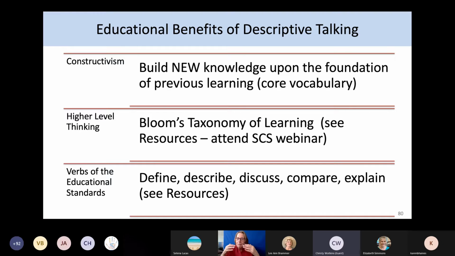I could relate immediately to the steps of developing film because I had a foundation of previous learning. That's the theory of constructivism, and I think it applies to kids using an AAC system if that foundation of learning is their core vocabulary. The next thing is Bloom's taxonomy of learning.